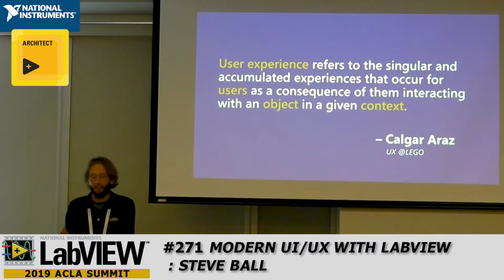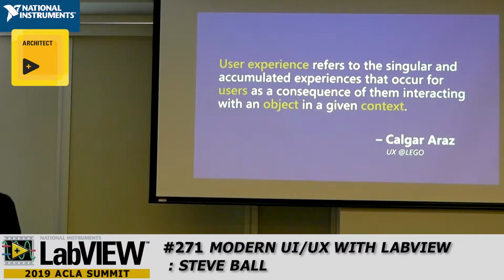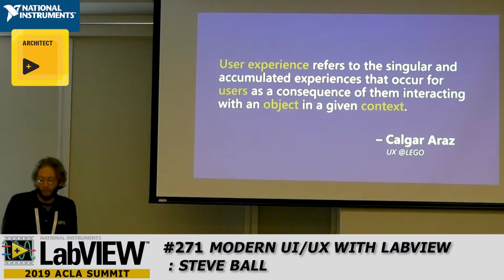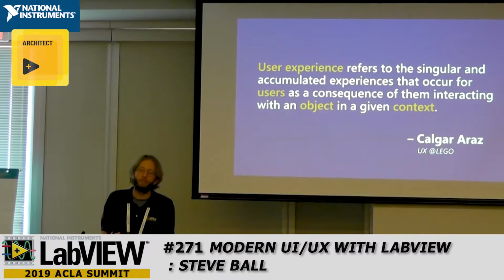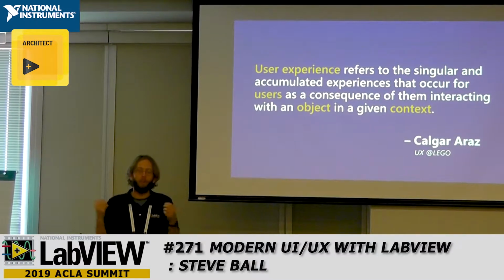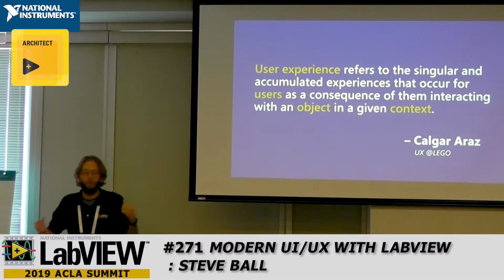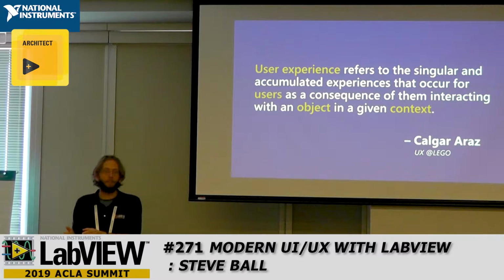This one, I didn't want to make up. So I found a really cool post online by this guy, Kalgar Araz. He's a UX engineer at Lego. And he says that user experience is all about the relationship between users, UI objects, and what context they're in.